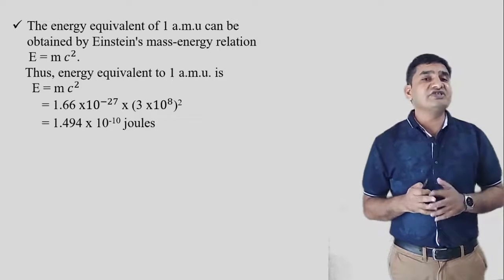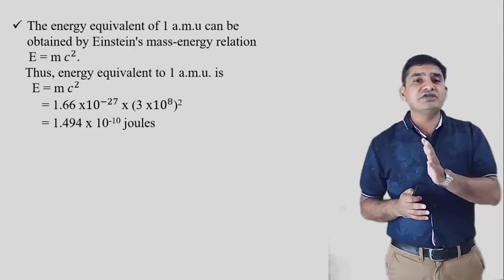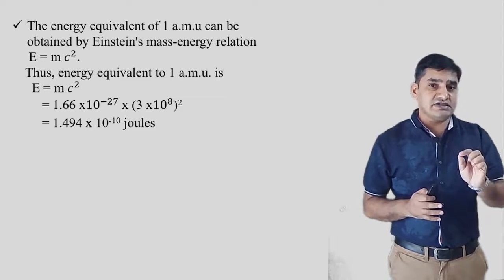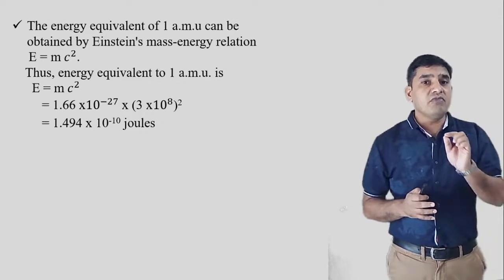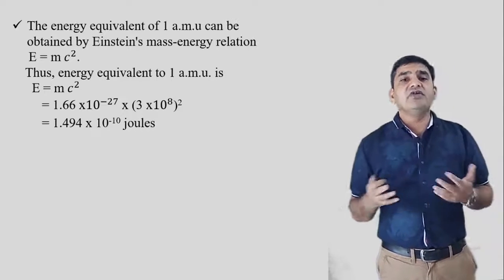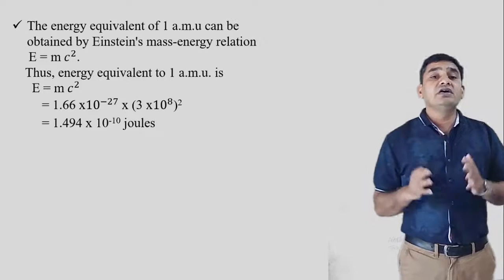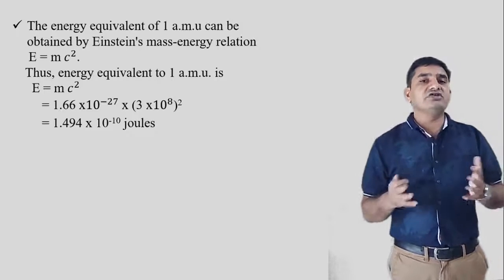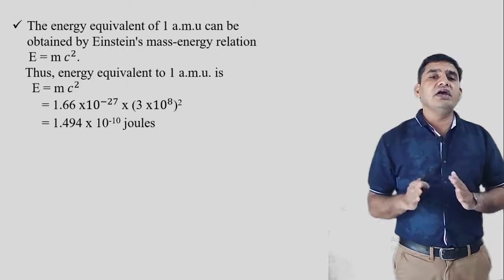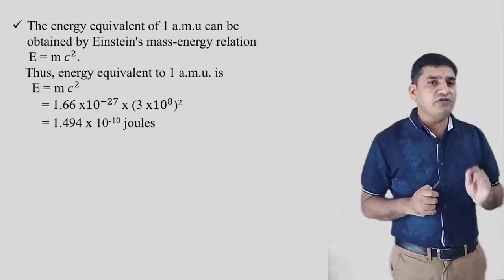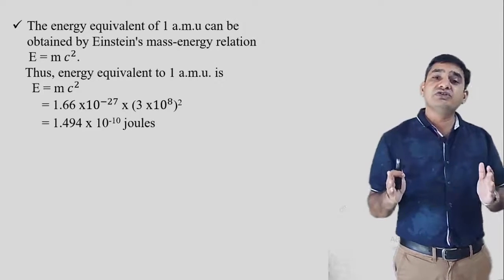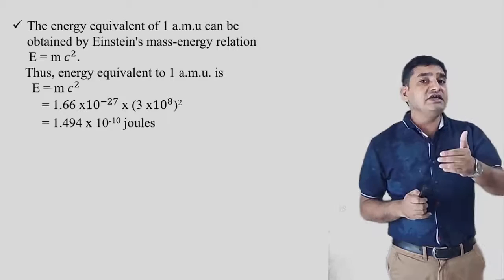Here we consider mass 1.66 into 10 raised to minus 27, and the velocity of light is 3 into 10 raised to 8, squared, and therefore we get the energy equivalent to 1 AMU as 1.494 into 10 raised to minus 10 joule.